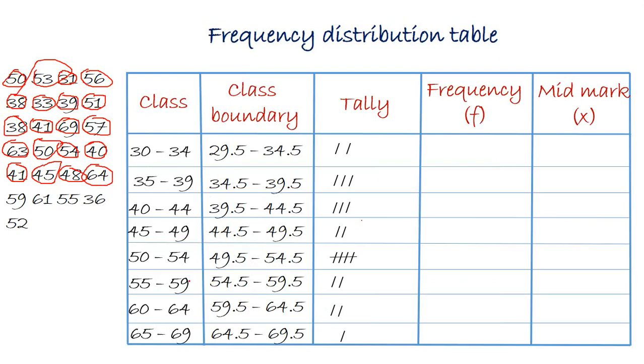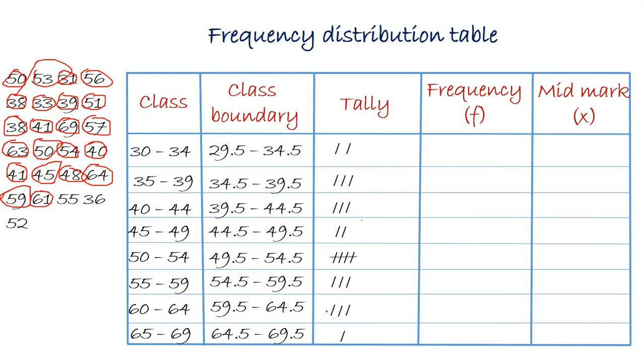Then the next is 59. 59 is in the class of 55 to 59. Put it here. Then the next is 61. 61 is in the class of 60 to 64, so I shall put it here.